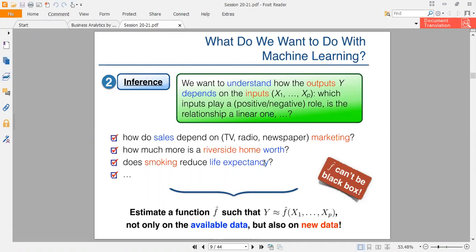For example, one factor that you would consider in a prediction model for life expectancy would be smoking. And the inference could be कि आप देखना चाहते हो कि smoking कितना affect करती है आपकी life expectancy को, right? As compared to the other independent variables that you have used.